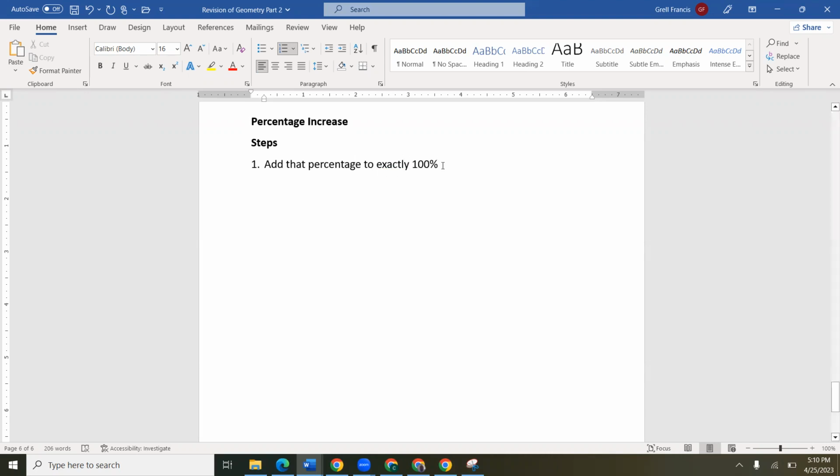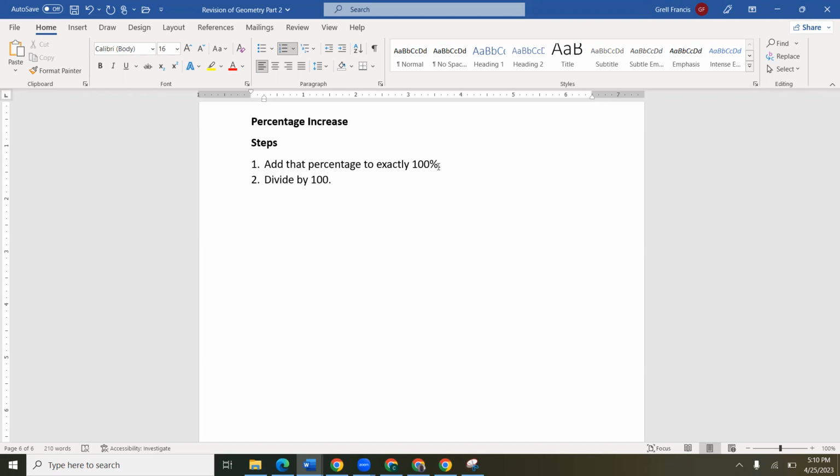Percent plus percent. That's the first step. Second step, divide by 100, because remember, percent means divide by 100, so then you divide by 100.